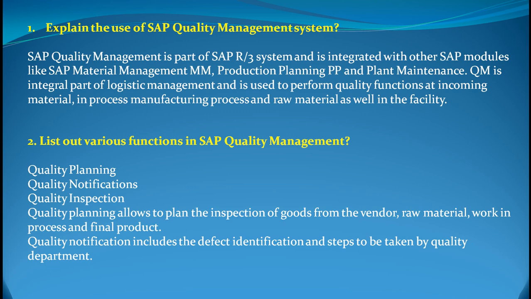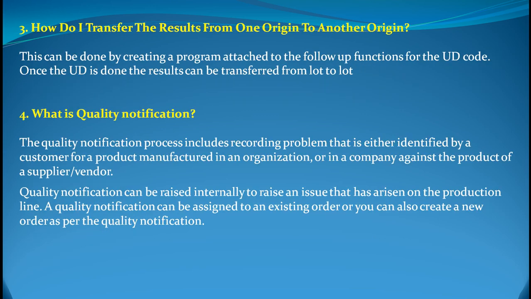Now this is a very important part, and there are also steps to be taken by the quality department, right? Defect identification is one important thing that is required for any organization, especially one in manufacturing, to flourish, right? So these are the various functions in SAP quality management.